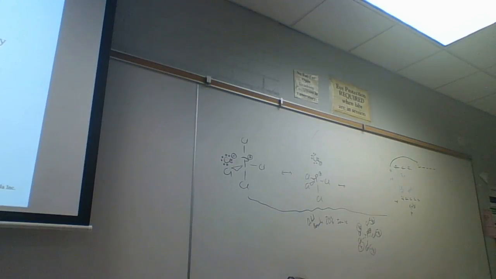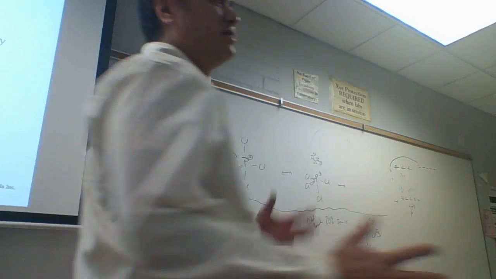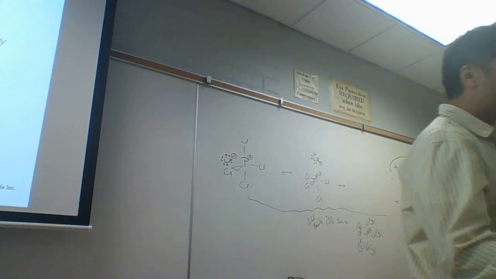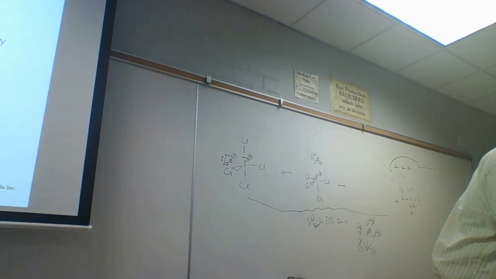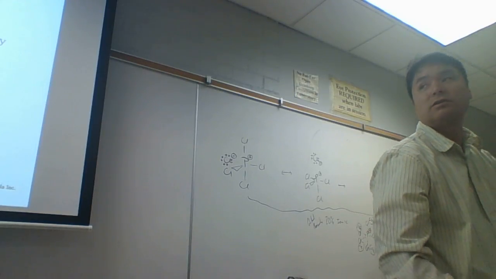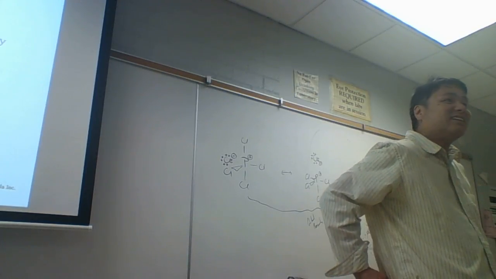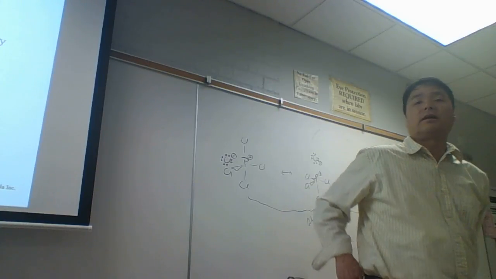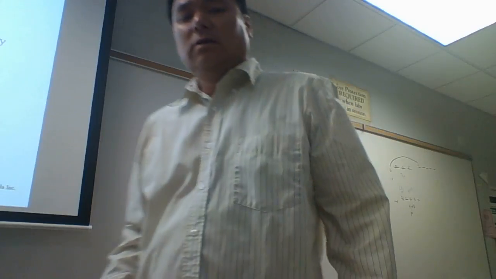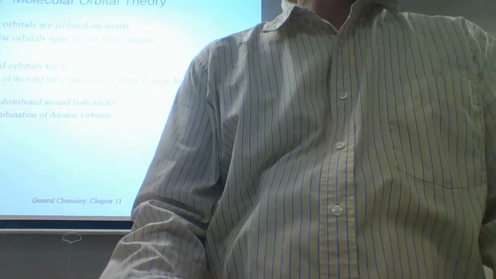All this is because of the limitations of valence bond theory, all this dehybridization. Although hybridization appears here as well in this theory, the way we visualize bonds occurring is quite a bit different. The theory name is molecular orbital theory.